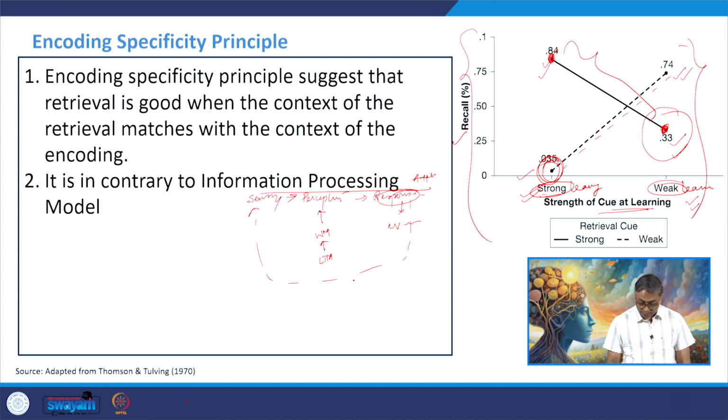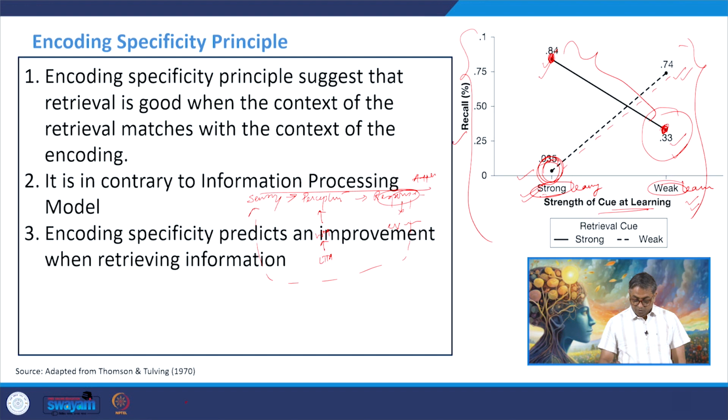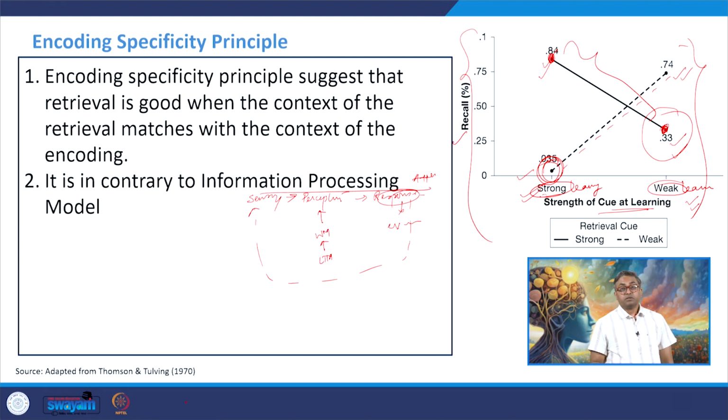So what we see with this model is that in the retrieval model, context is an important aspect and parameter, but here context is not very important. It is moving in one direction, a bottom up approach.